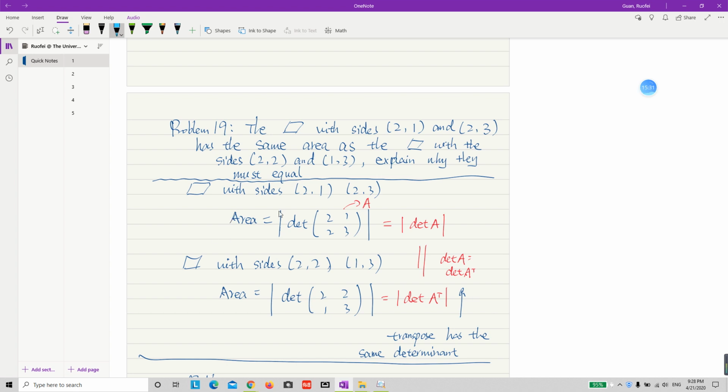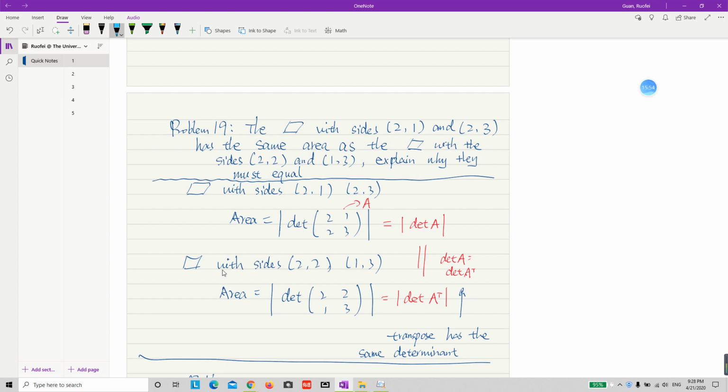Their area equals the determinant. The first row, first side is 2, 1, second side is 2, 3. So it is 2, 1, 2, 3. Take the determinant, then take the absolute value. We let this matrix be A. So this is determinant A.